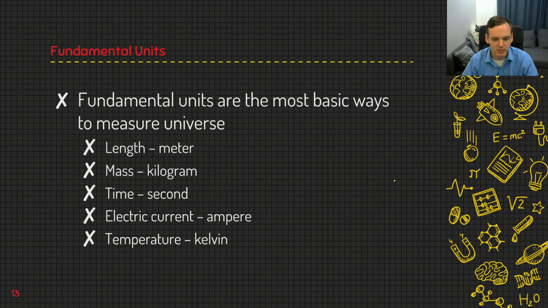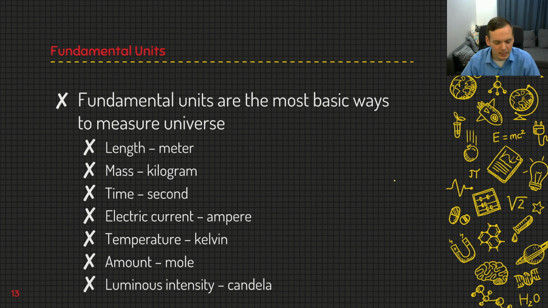Temperature is measured in Kelvin. And then the amount of stuff is measured in moles. So if you want to count how many of something exists, we use the unit of moles. And then finally, luminous intensity is candela. That's just brightness.